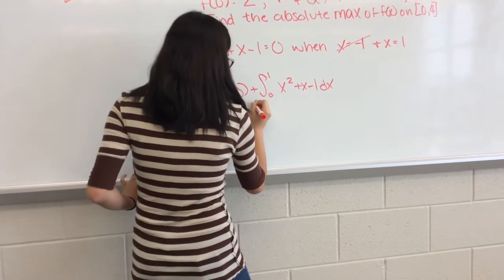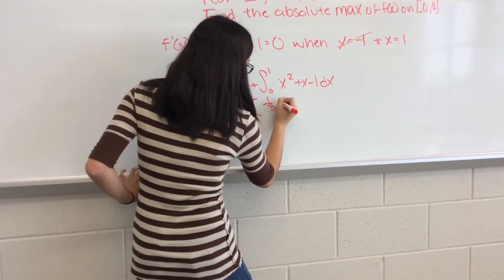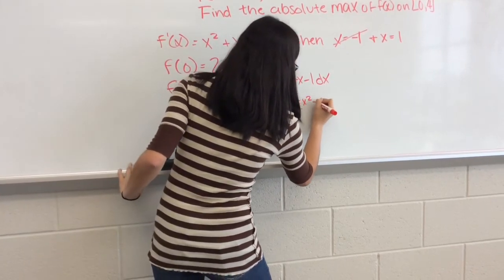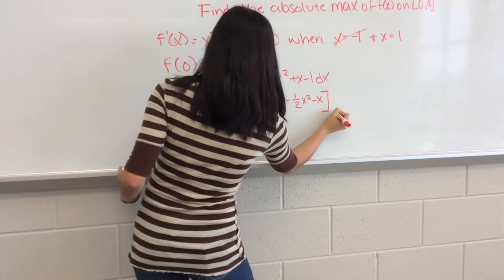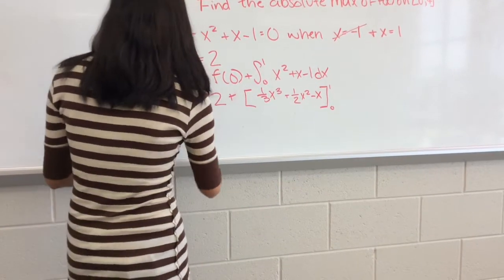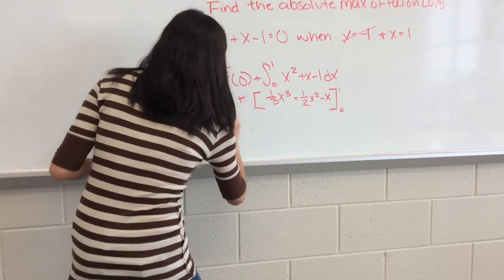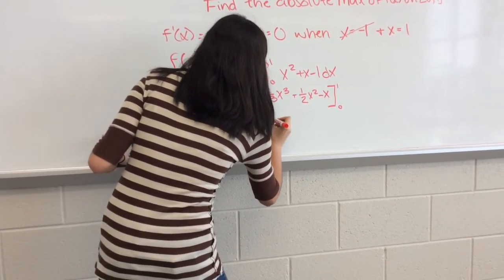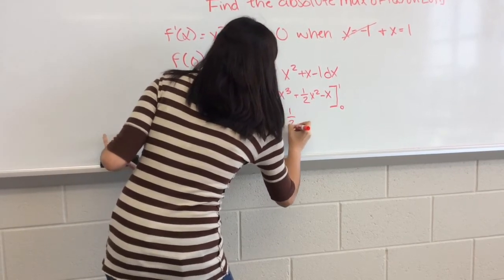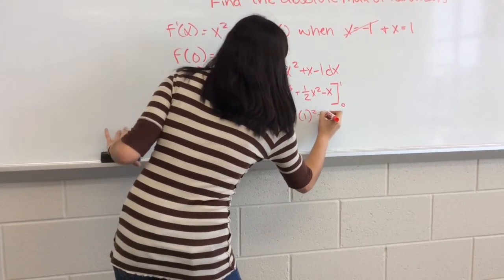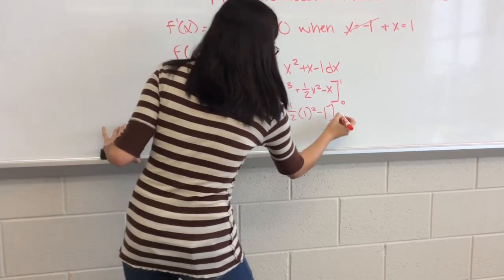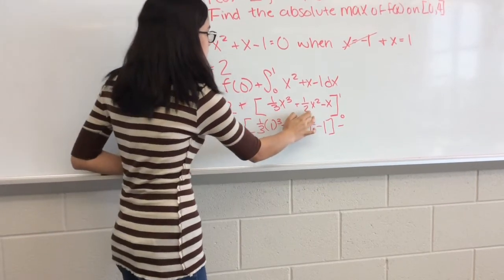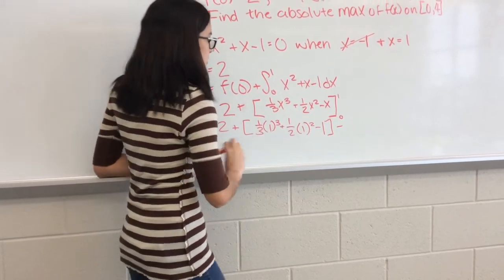And we get 1/3 x cubed plus 1/2 x squared minus x, evaluated from 0 to 1. And so when we plug in, we get 1/3 times 1 cubed plus 1/2 times 1 squared minus 1. And we know that this will be 0 at 0.